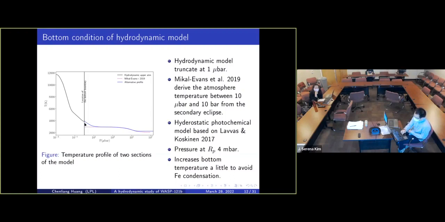The hydrodynamic model is done at 1 microbar. They connect at 1 microbar, and because Michael Evans only goes to 10 microbar, in this region we smoothly connect the hydrodynamic temperature to the lower part.